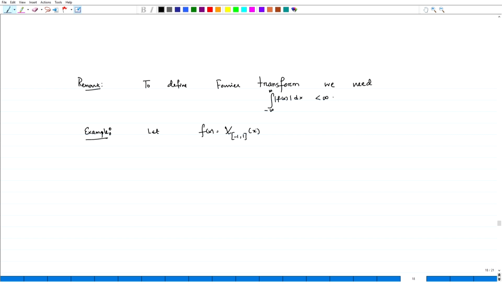So this is an integrable function, and f hat of xi would be the integral from minus 1 to 1 of e to the power minus 2 pi i x xi dx. If xi is equal to 0, then this is equal to 2.